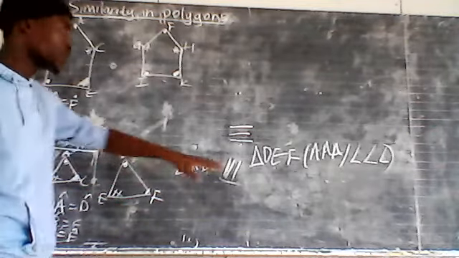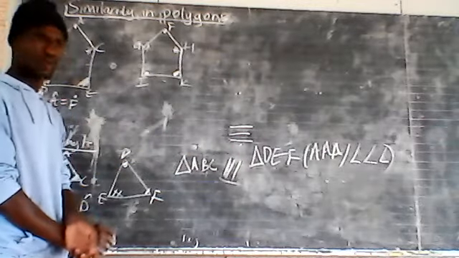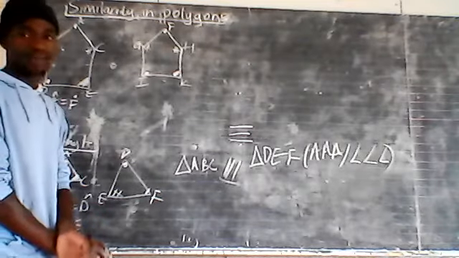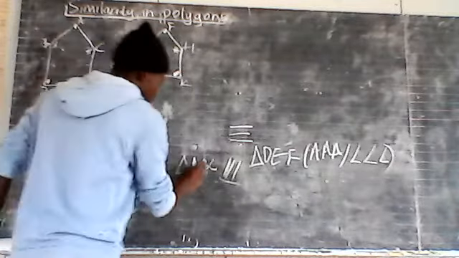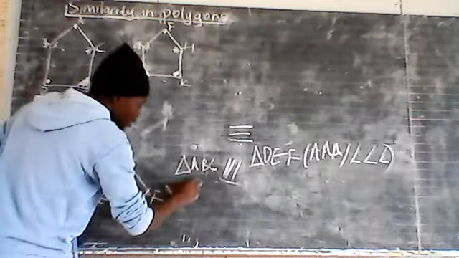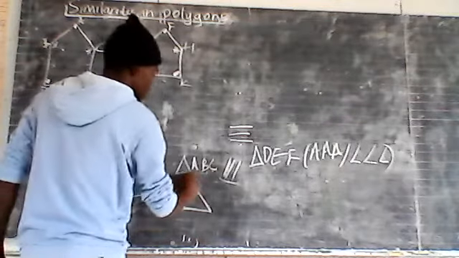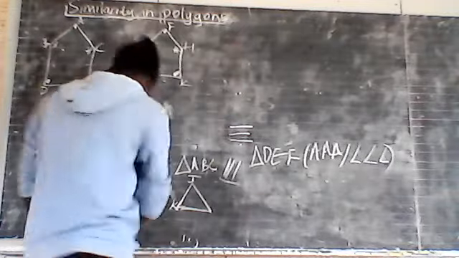Firstly, if you can find three angles that are equal and corresponding between the two triangles, you can conclude that those triangles are similar. Coming to the second way, say I have a triangle JKL.